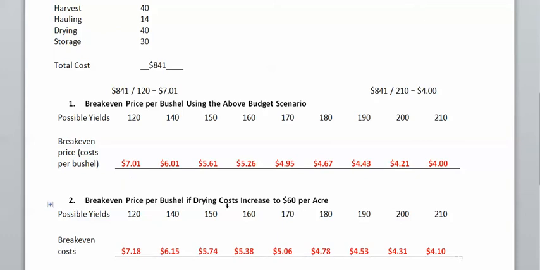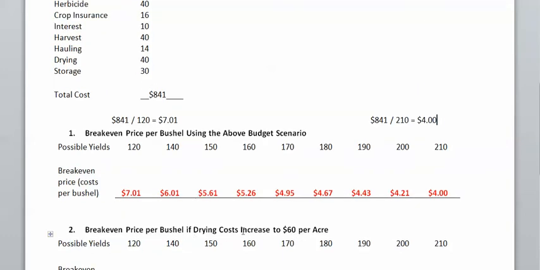Okay, in this example, we say that we increase cost to $60 an acre. Here's drying right here. It was 40. Now it goes to 60. That's an increase of 20 bucks an acre.